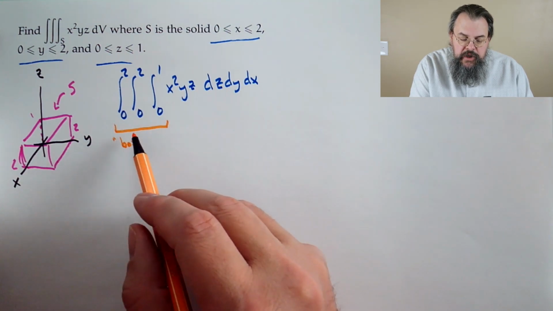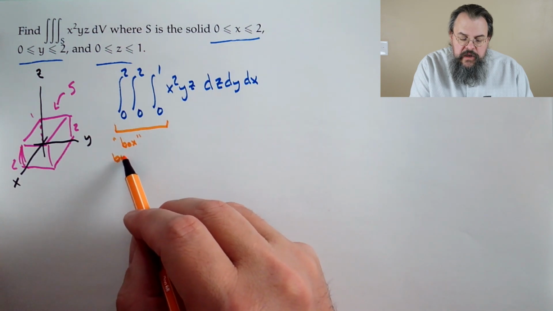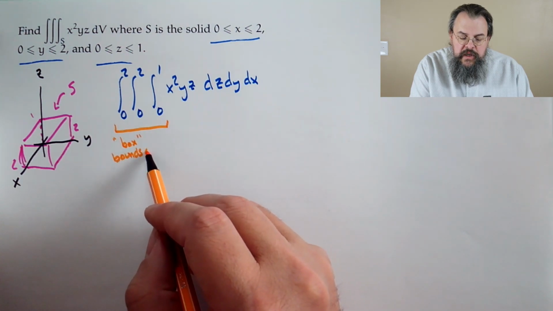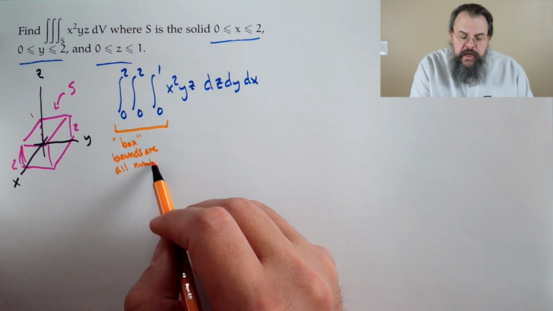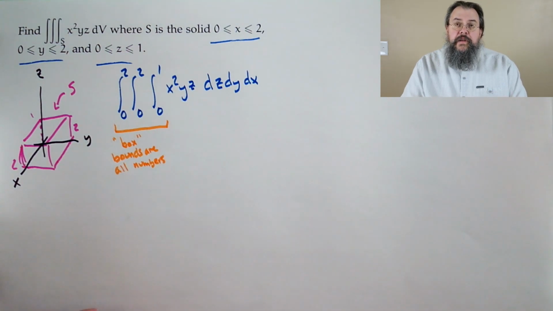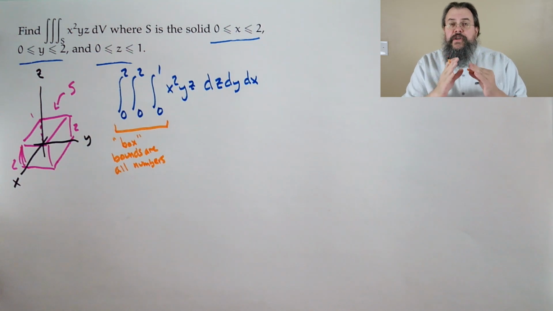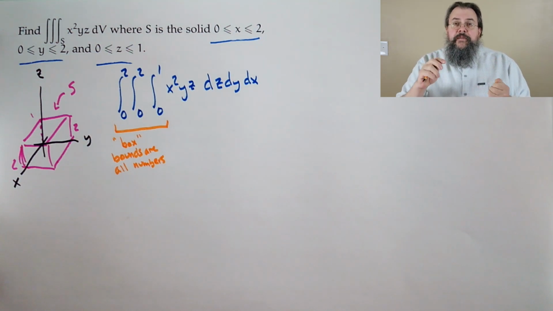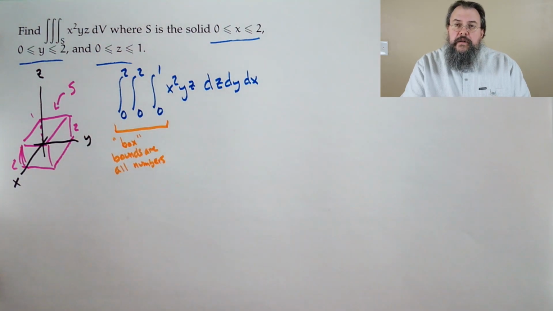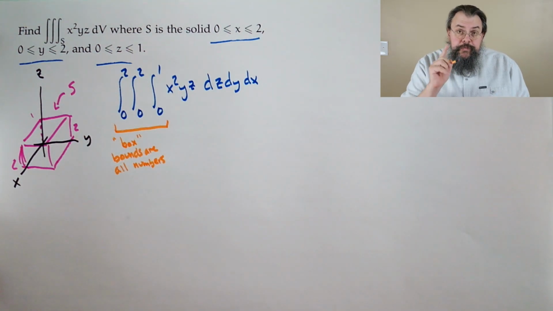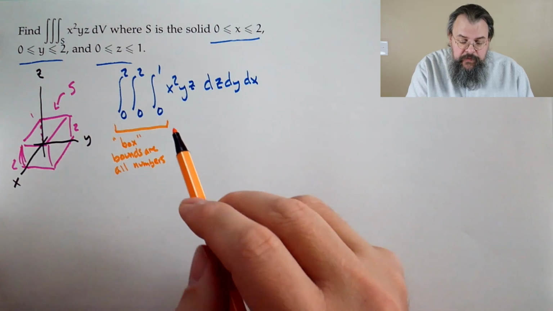And so, in particular, the bounds are all numbers. So there's no variables showing up in the bounds. Now, that says it's very easy to swap the order of integration. If the bounds are all numbers, then it really is just swapping the order, and life is good.